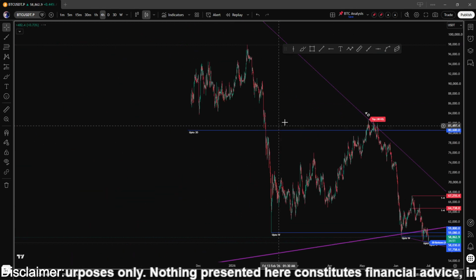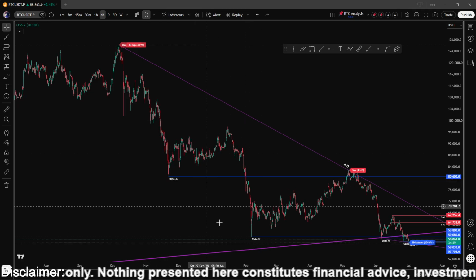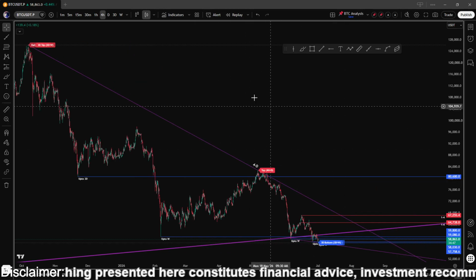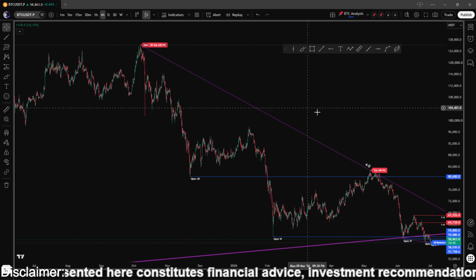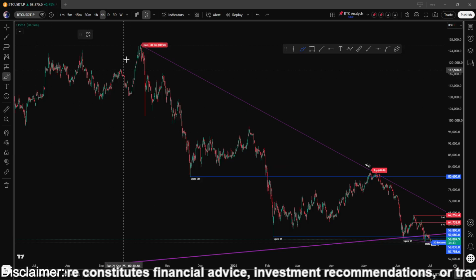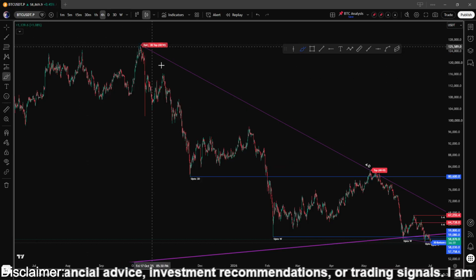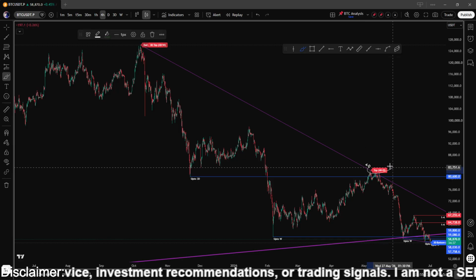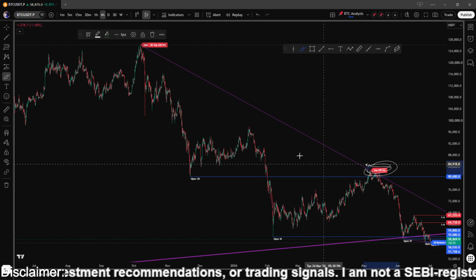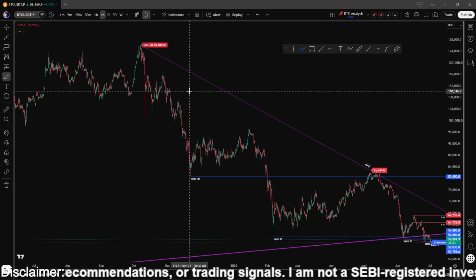So if you have done all this marking, this one, this one, this one, and multiple ones, now there is a last one I want you to mark in this 4 hour time frame, which has to do with this top, and the last bottom we have here with this BTC in this 4 hour time frame chart.